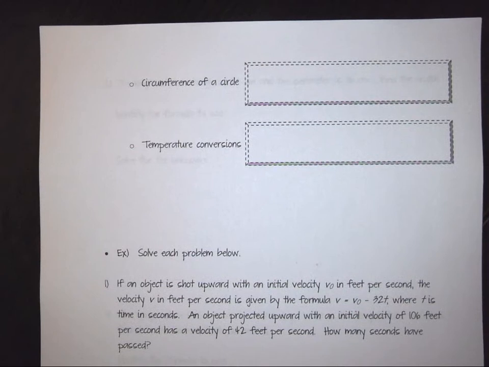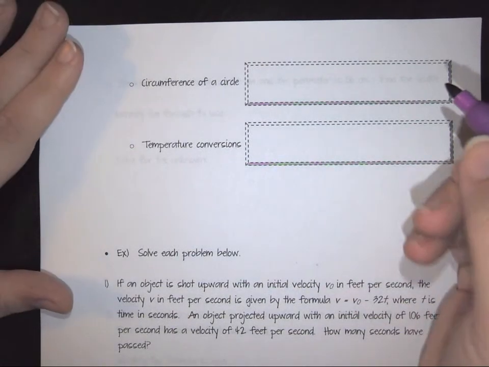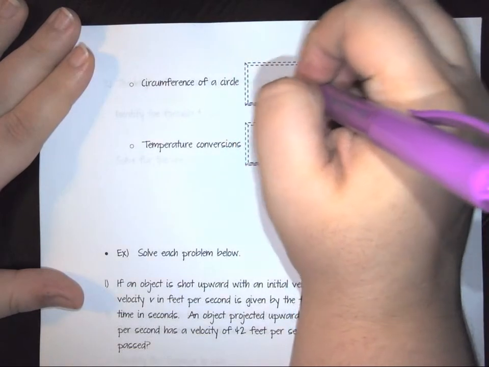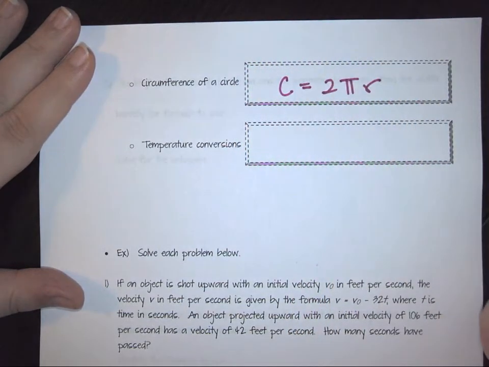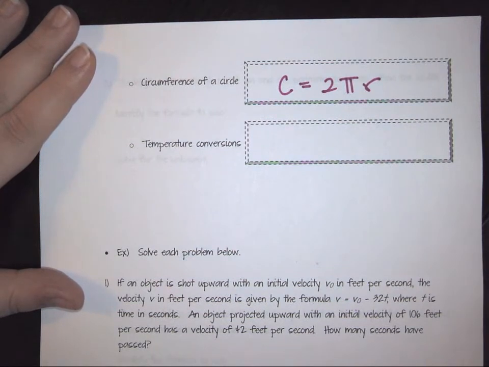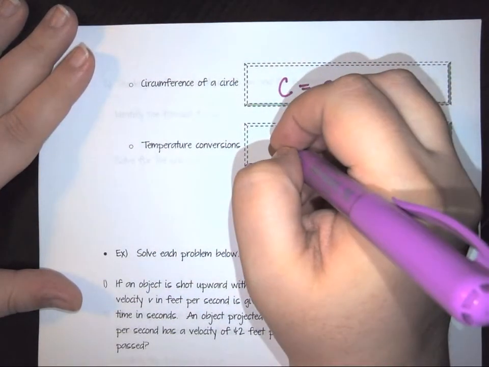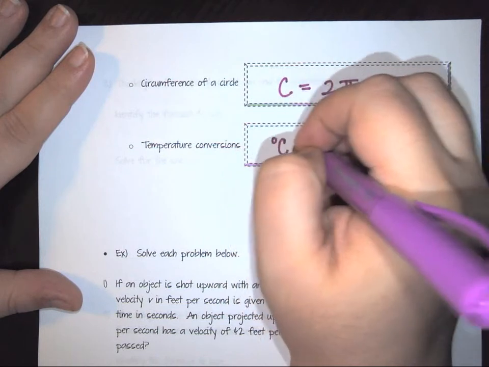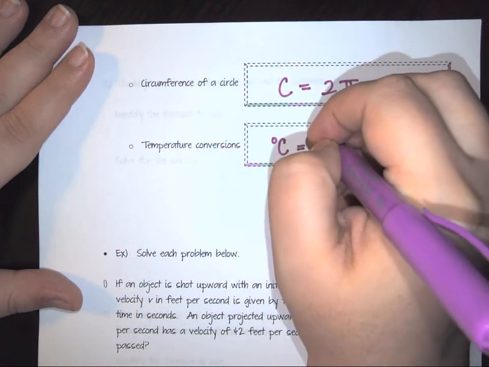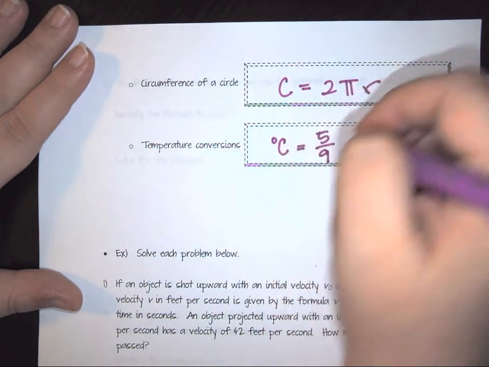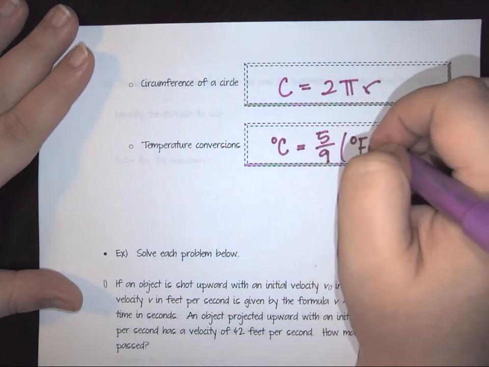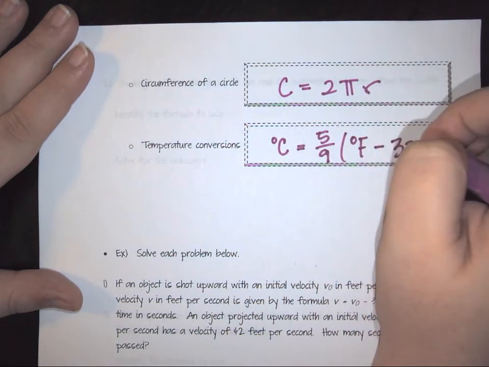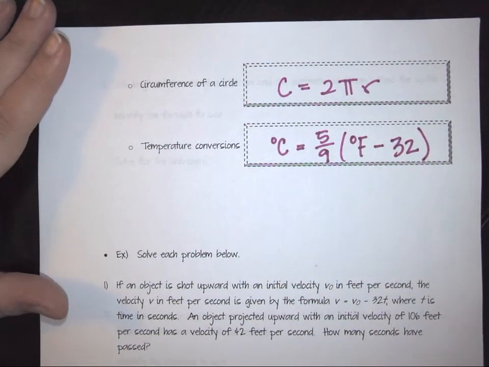Now, another couple of equations that might have to be used are the circumference of a circle, which is 2 pi r, or temperature conversions. One such conversion is that degrees Celsius is 5/9 times your degrees Fahrenheit minus 32.